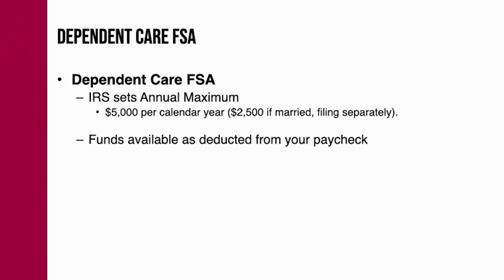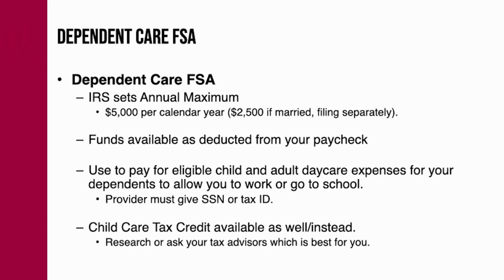Unlike your healthcare FSA, the funds are not available for reimbursement until they are deducted from your pay. You can also choose the child care tax credit when filing your federal tax return instead of using dependent daycare FSA. Ask your tax advisor which would be best for you.